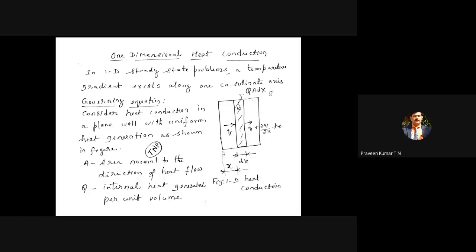That means if you consider the bottom of this left surface, the left surface temperature is 200 degrees Celsius and the bottom temperature is also 200 degrees Celsius. If you move along the y direction, the temperature at each and every point is constant, the same 200 degrees Celsius.